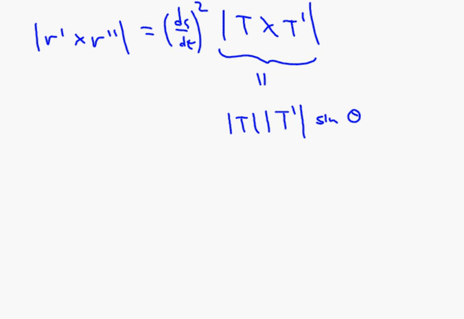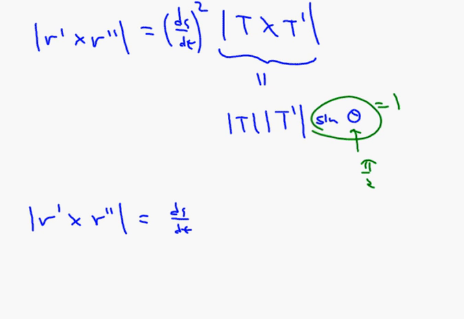So that means that this theta in here is pi over 2, and this whole expression is just 1. So we actually get something that's pretty compact when everything's said and done. We get the norm of r prime cross r double prime is equal to ds dt squared times the norm of t prime of t.